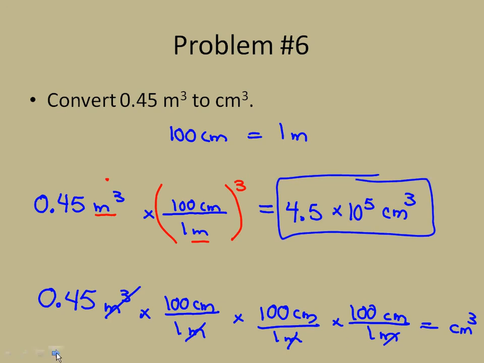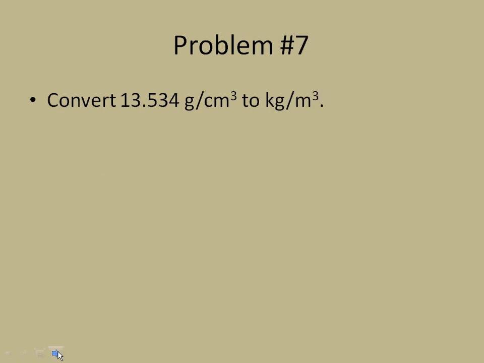One more problem. This is a density. Density is a mass over a volume. We start in grams per cubic centimeter, and we're going to cubic meters. So we're going to start with 13.534 grams. I'm going to write it over 1 cubic centimeter like that. Now, there are 1,000 grams in a kilogram.